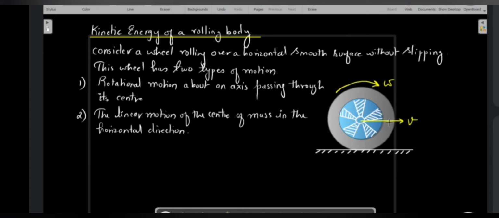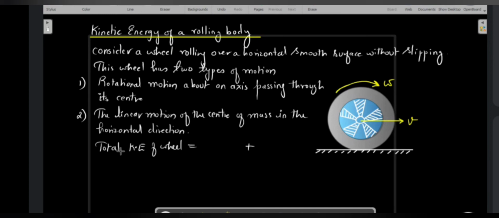So let us say that this particular wheel moves forward with a speed of v, and it is rotating about an axis which is passing through its center with an angular velocity of omega, that is marked in the figure over here. Therefore, the total kinetic energy of a wheel over here is going to be an algebraic sum.